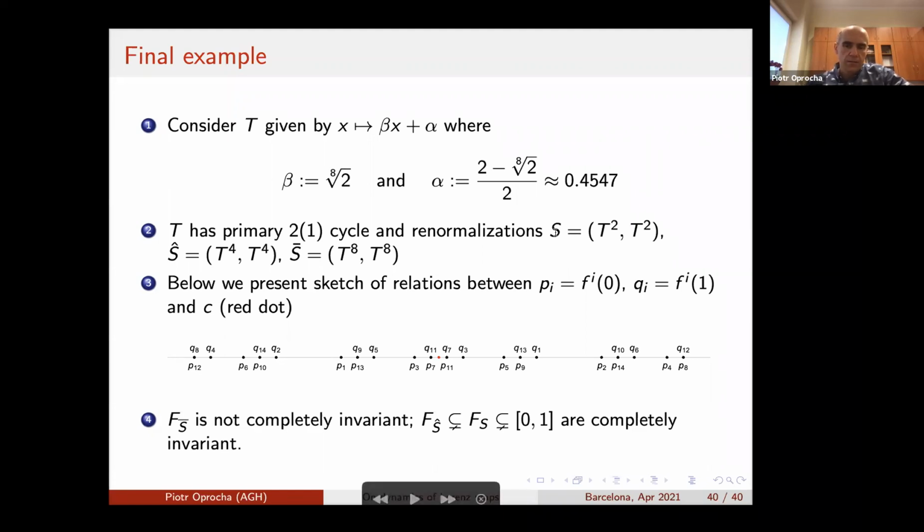So you have a finite number of them, but for us at the moment it's not completely clear why sometimes you can find these completely invariant sets and find your renormalization, and why sometimes you cannot.